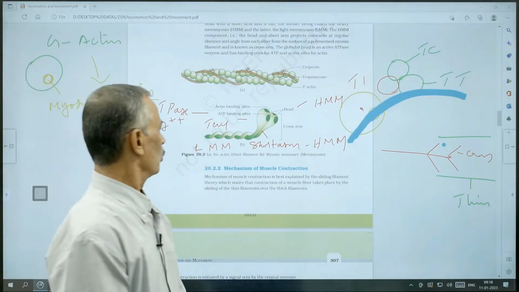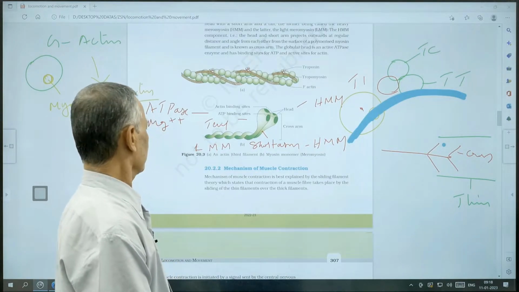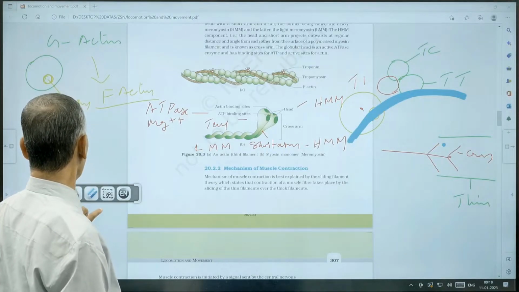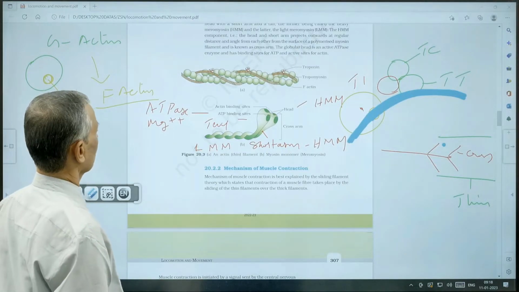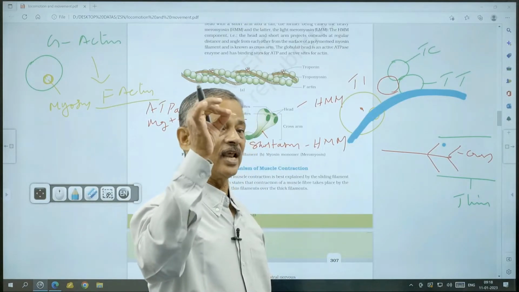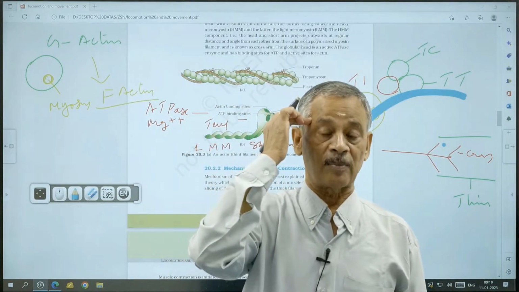Now let us see how muscle contracts. Remember, muscle contraction is a voluntary process. It will occur only when a nerve signal, a motor signal, reaches a muscle from the central nervous system. Who brings it?